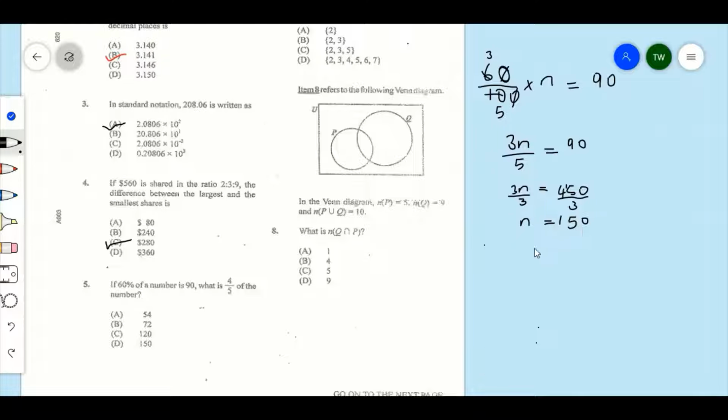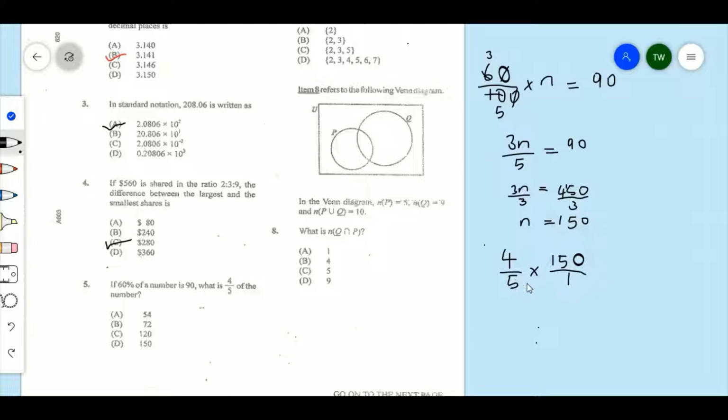So we know that the number that they're talking about is 150. They're saying that we must find what is 4/5 of the number. So now we are going to find 4/5 of, and of means multiply, 150. And 150 is the same thing as 150 over 1.